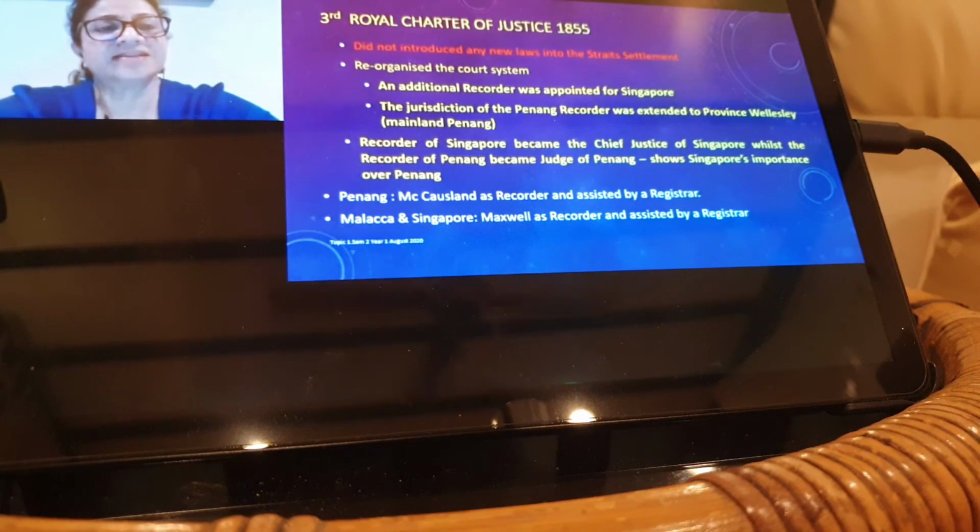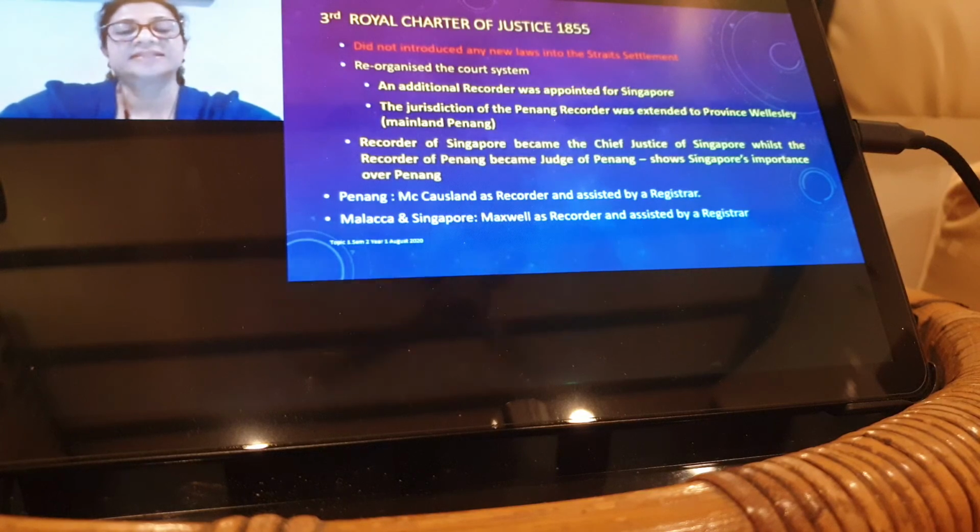The jurisdiction of the Penang recorder was extended to Province Wellesley, which is the old name for Penang. The recorder of Singapore became the Chief Justice of Singapore, while the recorder of Penang became Judge of Penang. The name of the recorder is McClausland as recorder and assisted by a registrar. For Malacca and Singapore, Maxwell as recorder and assisted by a registrar. So that's the Third Royal Charter of Justice.